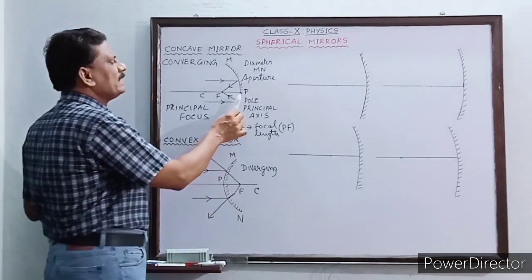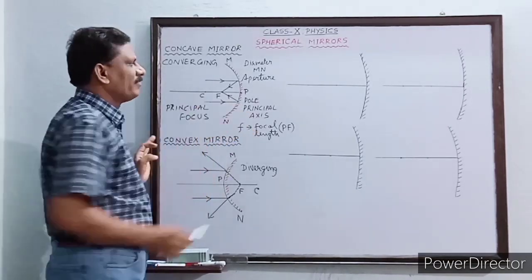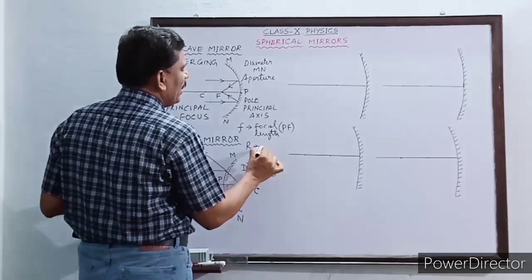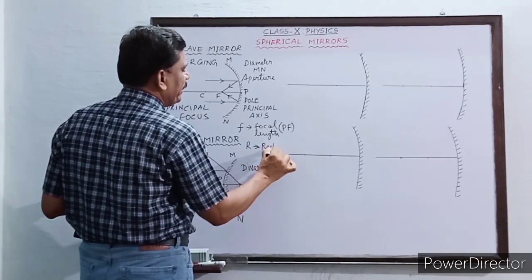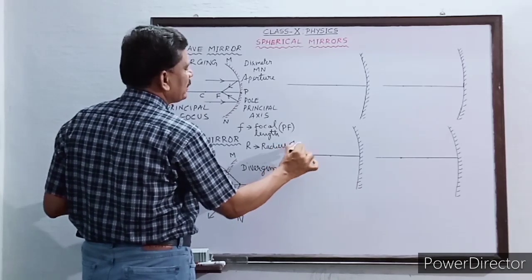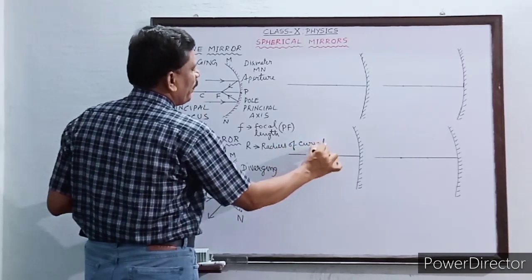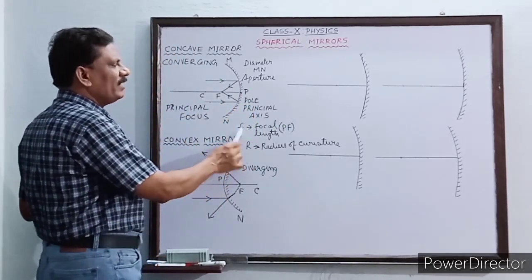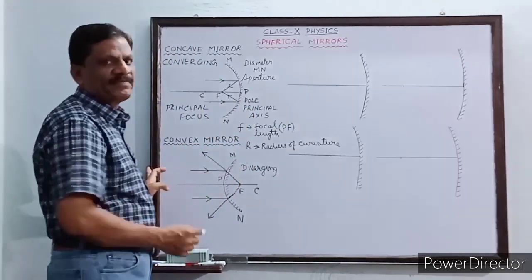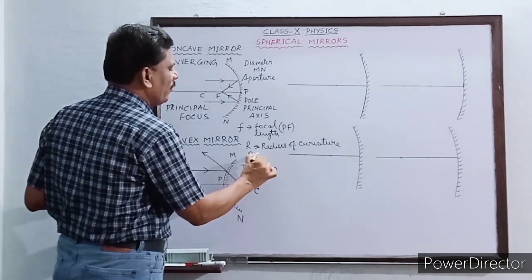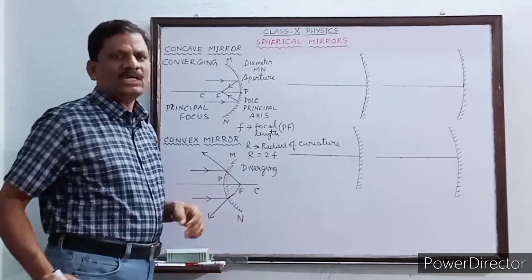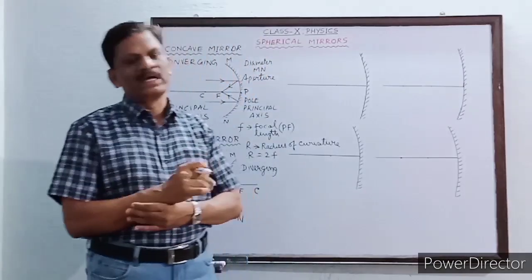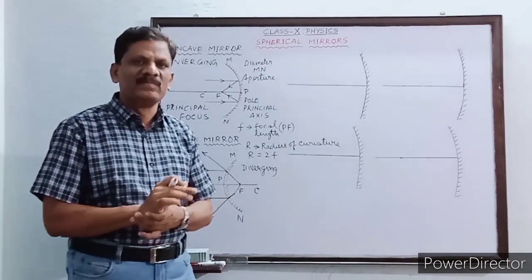Similarly, the distance from the pole to the center of curvature is denoted by capital R, and that is called the radius of curvature. So P to F is called focal length f, and P to C is called the radius of curvature, and it is also found that R is equal to 2f. The radius of curvature will be equal to twice the focal length. Understand? You have to remember this forever.